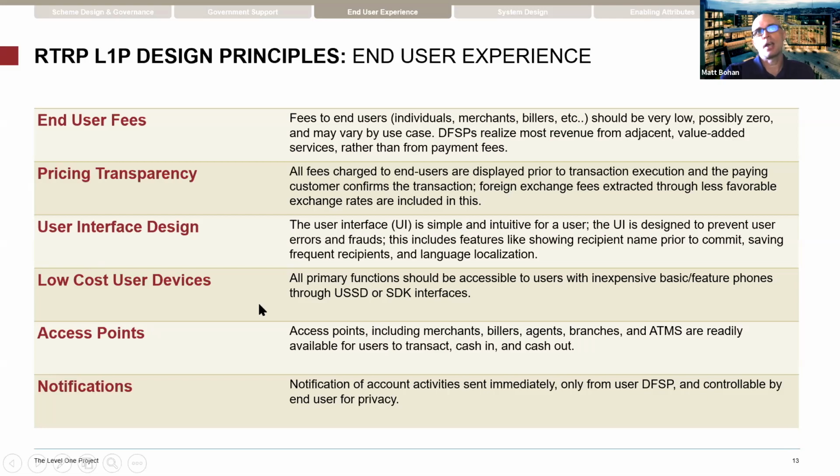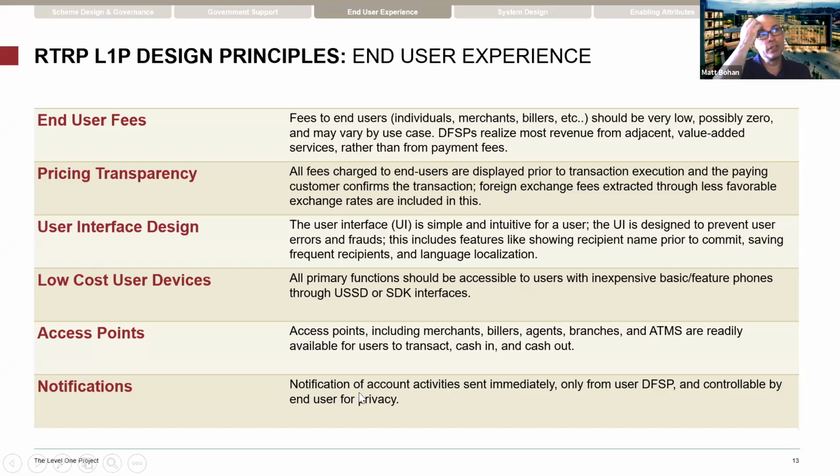Access points at merchants, at ATMs, at cash in, cash out agents, bank branches, etc. It's important to have a good number of those so that folks have ready access to being able to connect to the system, present ID, get cash in, get cash out, buy goods, etc.